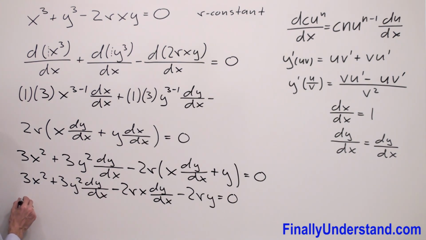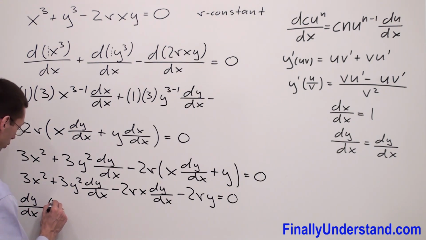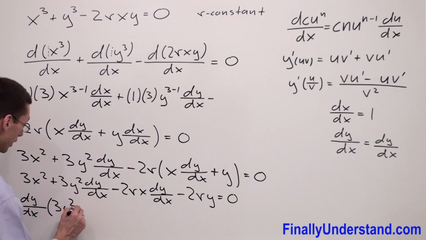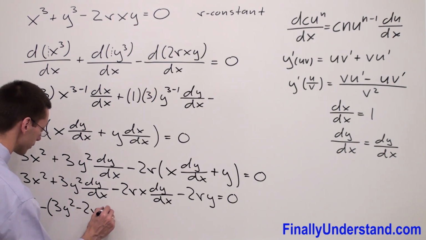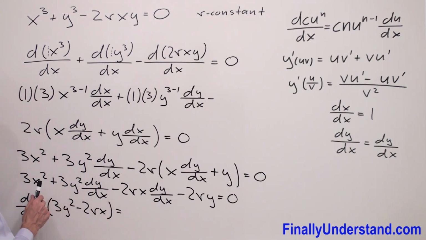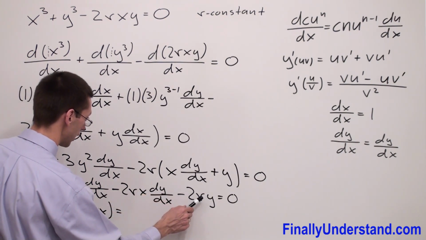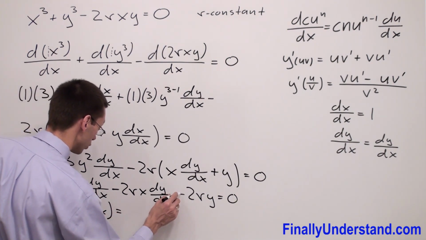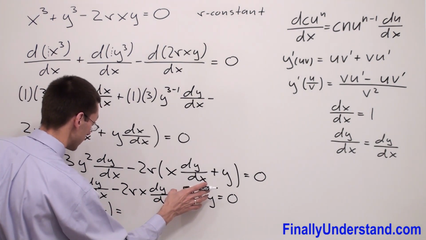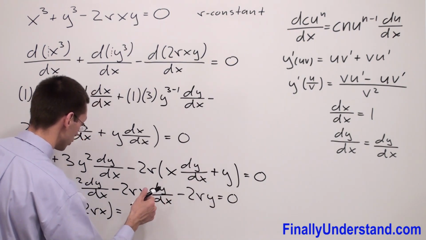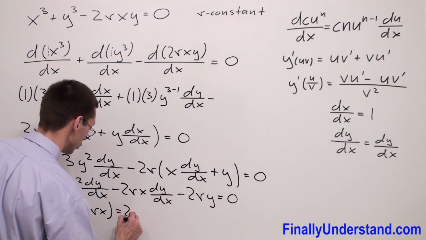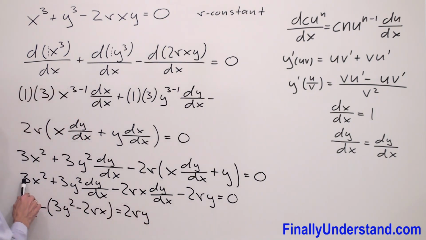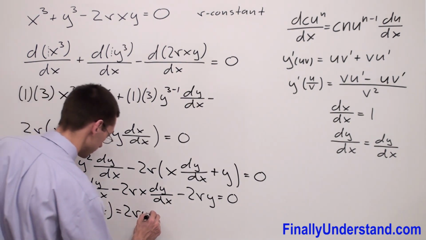So we have dy over dx, and inside of the parentheses I'm going to have 3y squared minus 2rx, and I'm going to move to the right side negative 2ry and positive 3x squared. If I move a negative term to the right side, I'm going to have positive, so I have 2ry minus 3x squared.